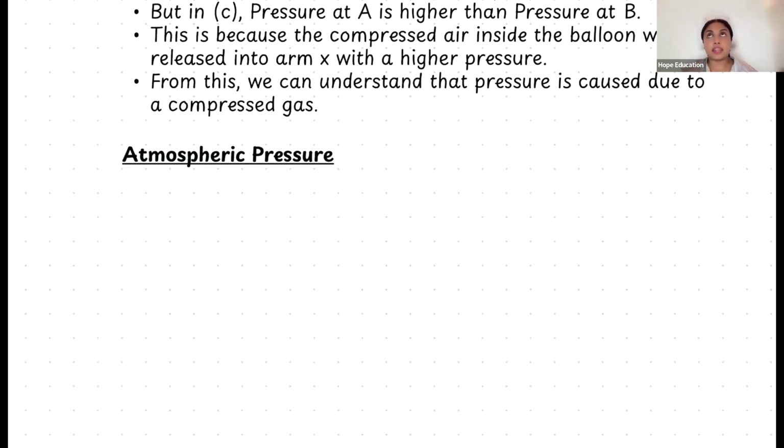Keeping that in mind, can you tell me, will the atmospheric pressure be higher at sea level or at Mount Everest? Mount Everest. Okay, others? What was the question I asked?